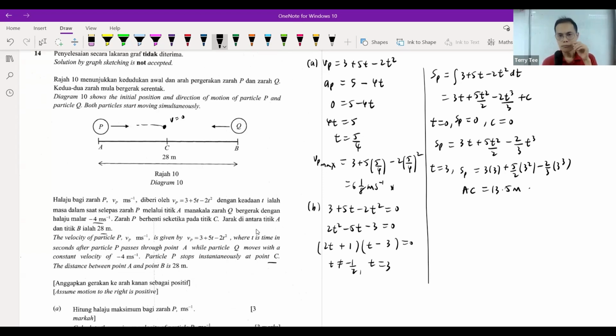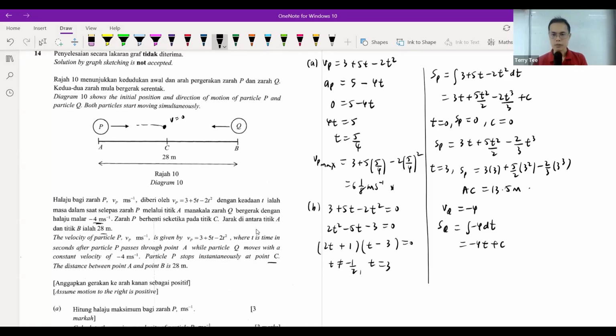Now, particle Q, on the other hand, travels with a constant speed, -4, going to the left. So if you are finding the displacement function, we need to integrate -4 dt. This is -4t plus c.